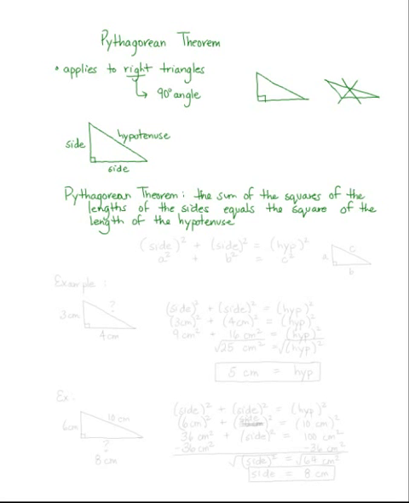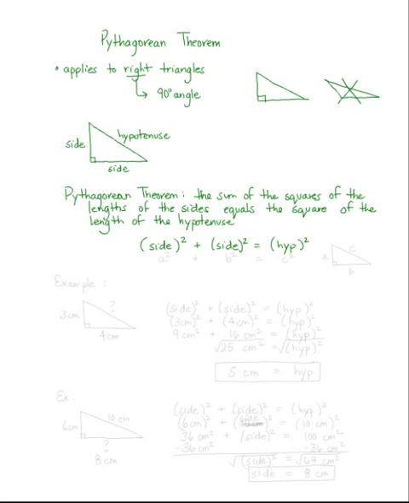Now, we can write this as a formula: a side squared plus a side squared equals the hypotenuse squared.